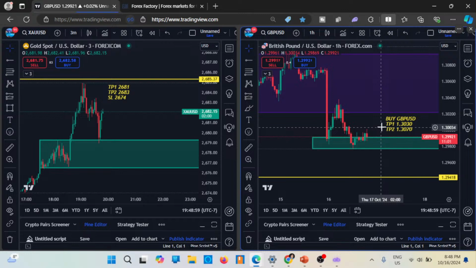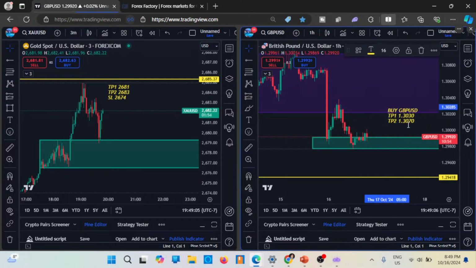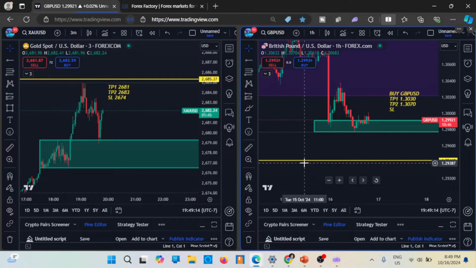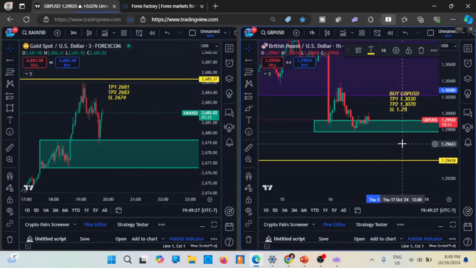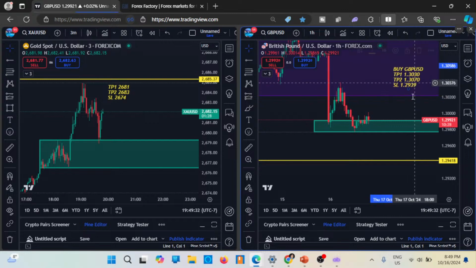So for GBP/USD, it's just to take profit, okay? Because the market is in a downtrend right now. We're not going to target any higher, 1.2939. Okay, so that's the trade for GBP/USD, and I'm gonna take this trade on abaro.com.